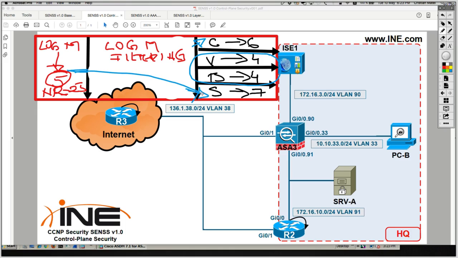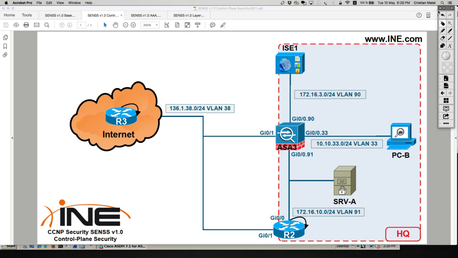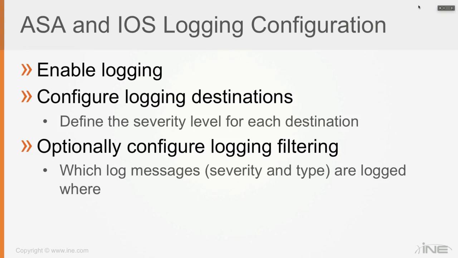So even though technically speaking the severity level of 5 could be sent to the console, which uses 6, you've configured logging filtering in the middle between the logging message and destinations, which doesn't allow that specific message to be sent to the console. So that's an enhancement of syslog, of logging in there.